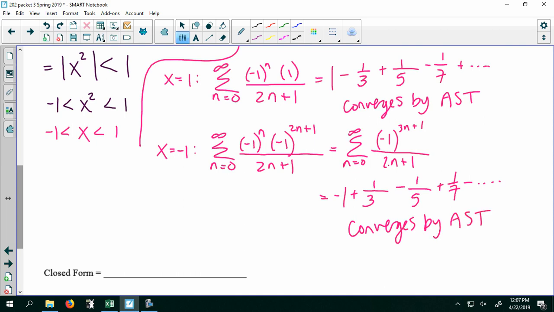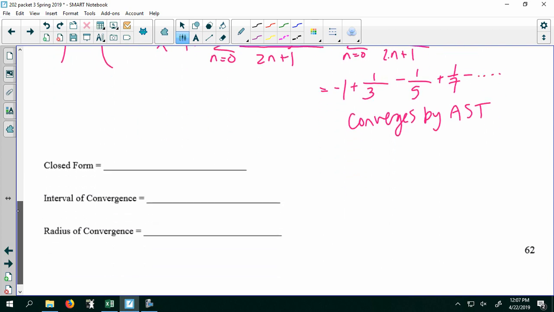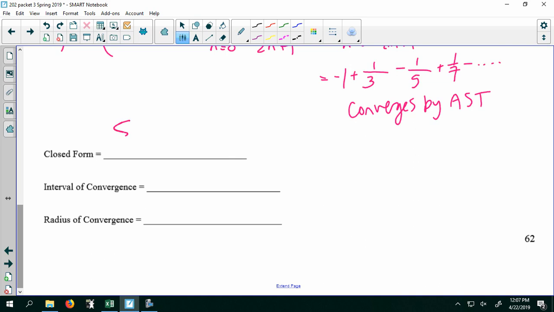Which means that for my interval of convergence, I'm going to add some or equal to signs on the endpoints. -1 and 1 both lead to convergence. So let's write this all out. My closed form was the sum from n equals 0 to infinity of (-1)^n times x^(2n+1) over 2n+1.